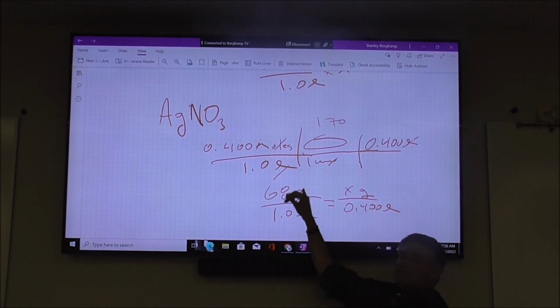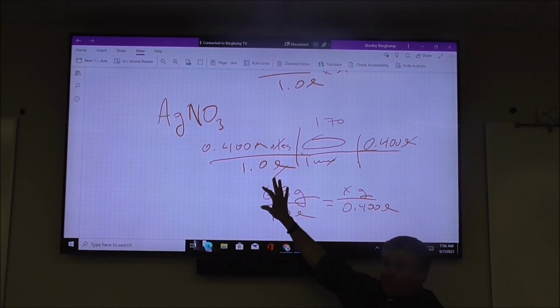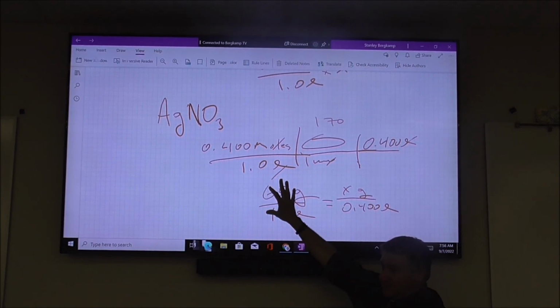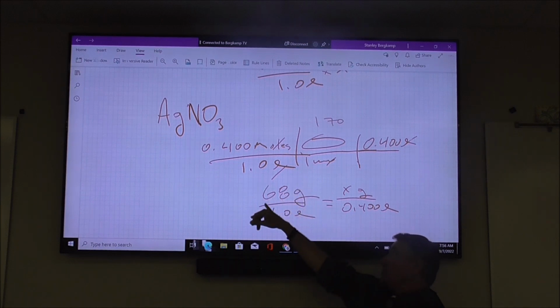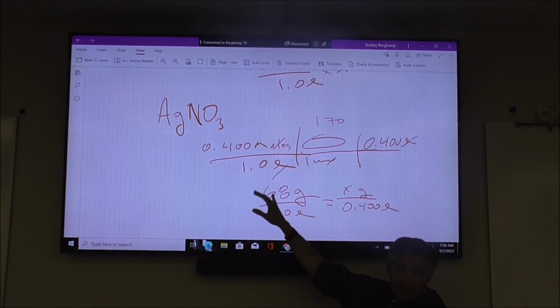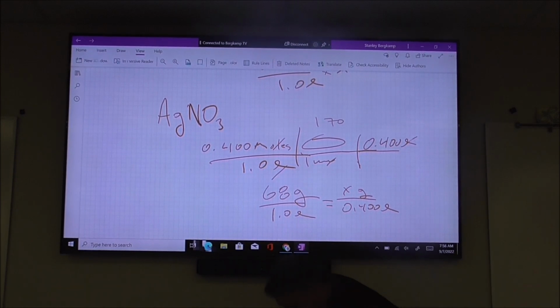And by the way, these are just approximations. Do not use these numbers. This just tells you if you got close to this. This is not the actual answer. This is just a very round number. You got to do the math. So on your sheet, so help me, do not write down 68. This is not the answer. It's close to that, but that is not the exact answer.